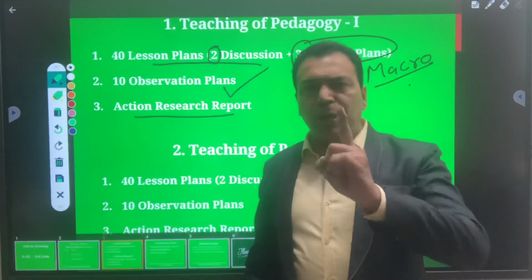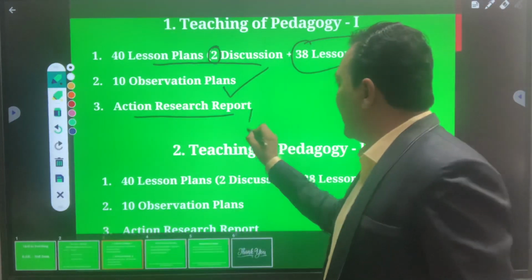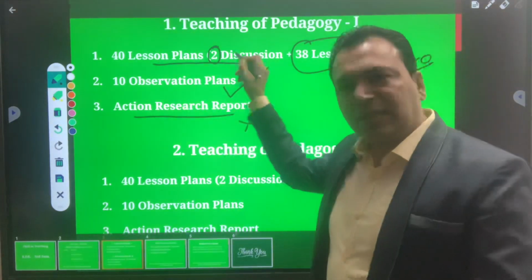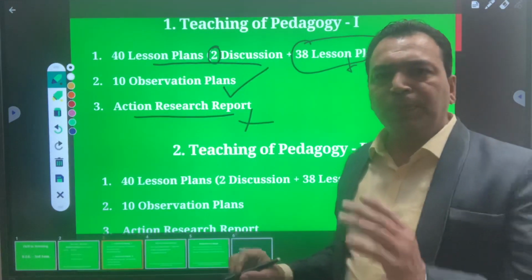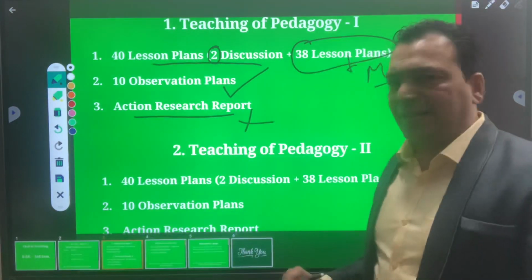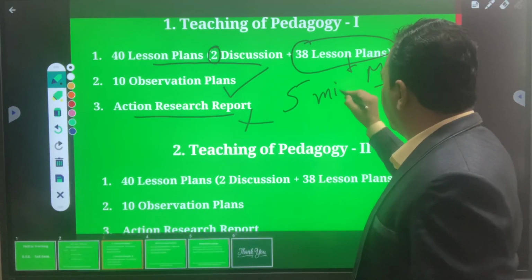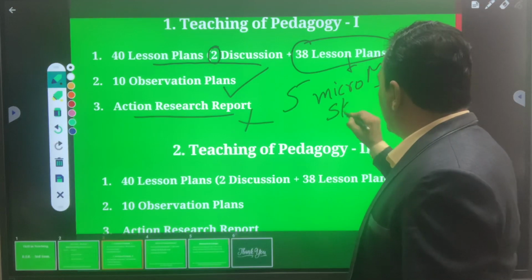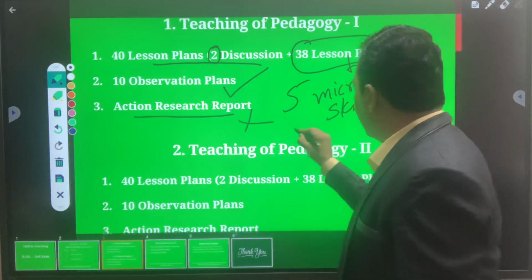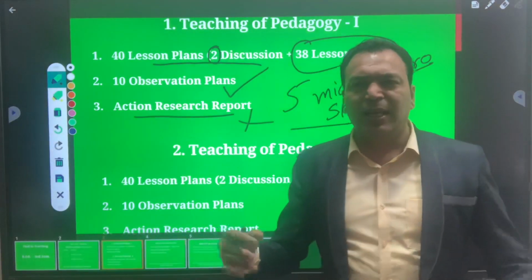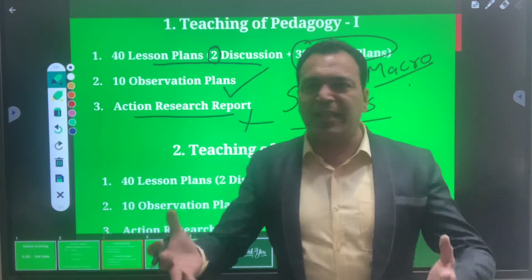One more important thing. Sometimes, many colleges, along with these 3 things, check your micro lessons, right? There should be 5 micro skills. For example, skill of introducing the class.